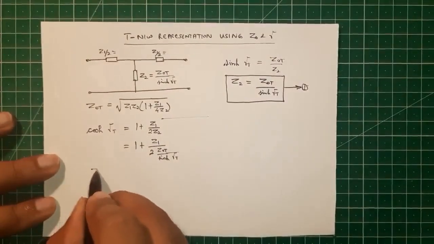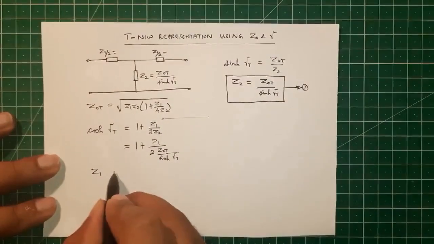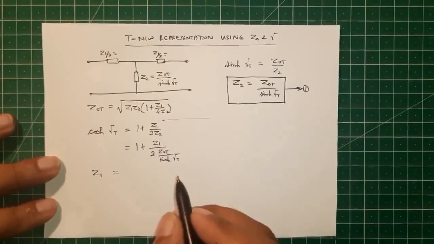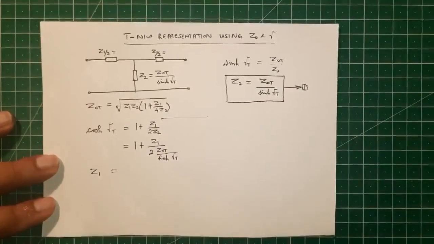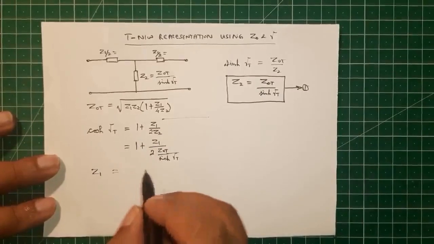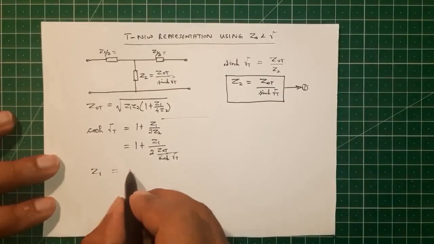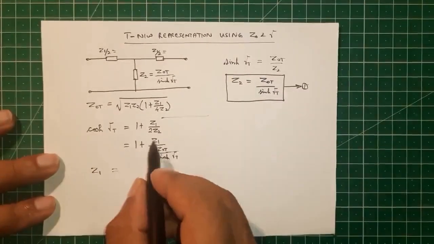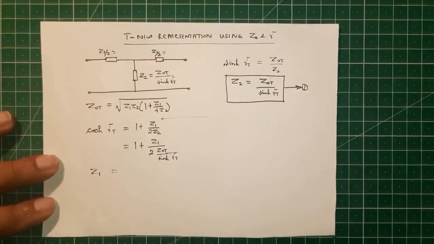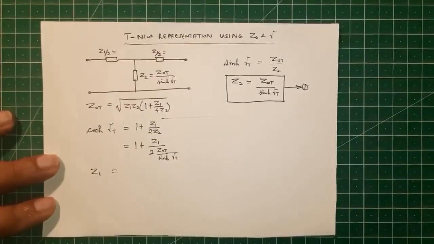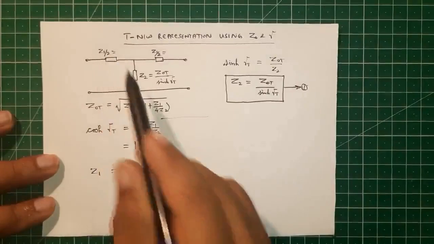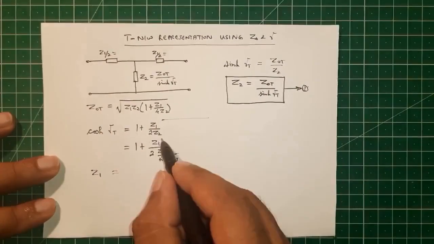So what is Z1? Actually, we need Z1 by 2.